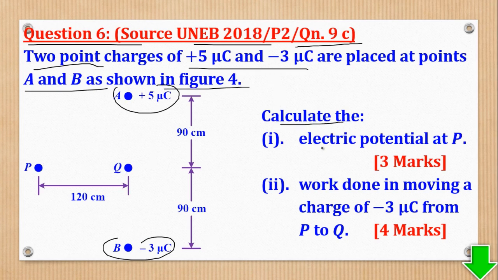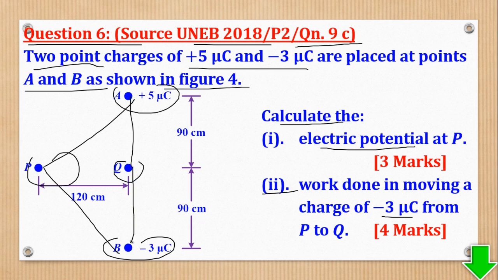Calculate, Roman 1, the electric potential at P. So at P due to this charge and also due to this charge. Then the work done in moving a charge of this from P to Q. So from one point to another, we have to get potential difference. So we also need the potential at this due to this and also due to this.